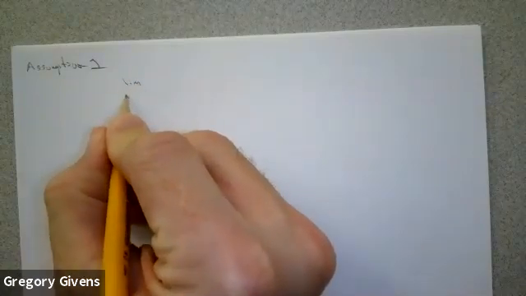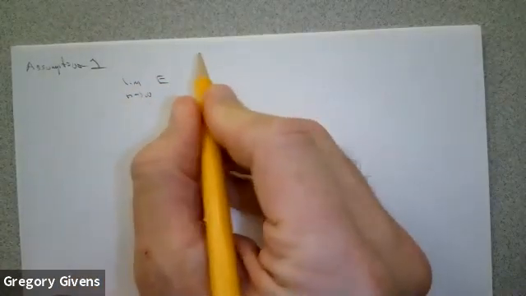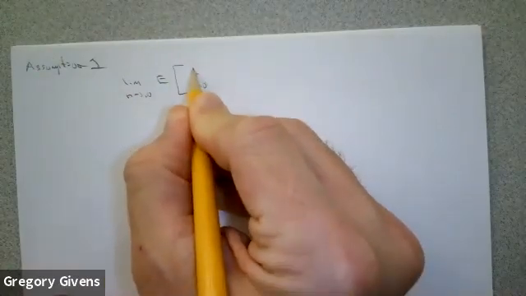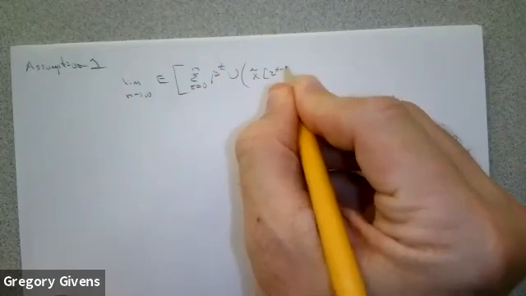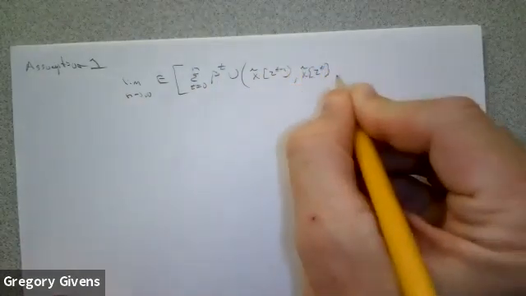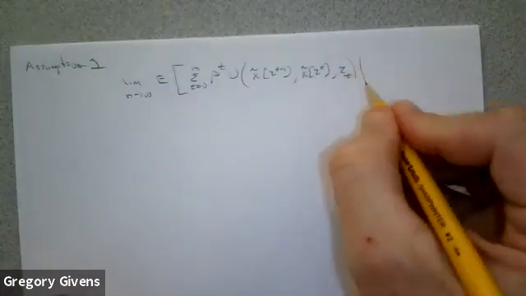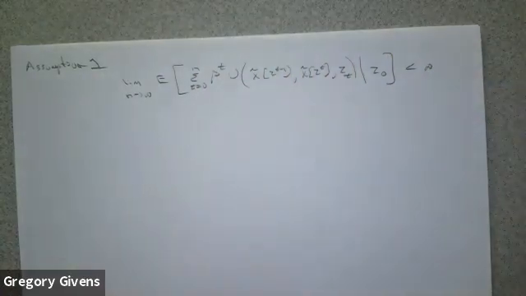The correspondence g of x z is non-empty valued for all x in big X and all z in big Z. Moreover, for any initial values of the state, that is x and z together, and for any feasible sequence of contingency plans over time that the planner can select, the objective function has to exist, meaning that the limit as n goes to infinity of the expected value of the sum from t equals 0 to n of beta to the t, u of x tilde z_{t-1}, x tilde z_t, z_t, conditional on z0, has to be finite and exist.